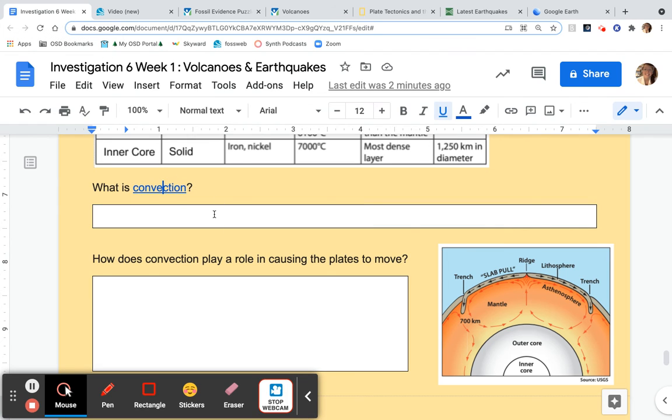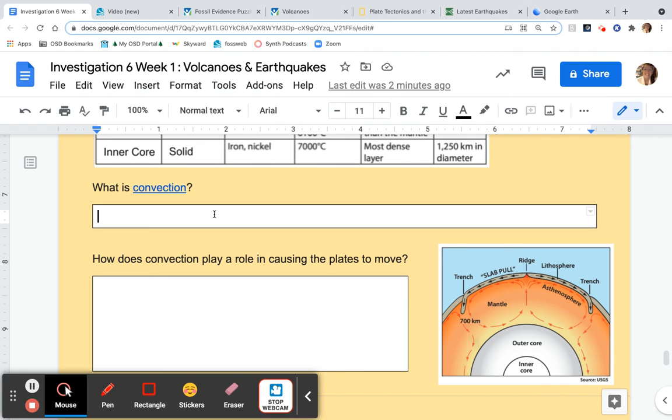So what should we say for what is convection? We could say the movement of heat through a material in which the cooler material sinks because it is more dense, and the warm material is pushed up because it's sort of pushed out of the way.